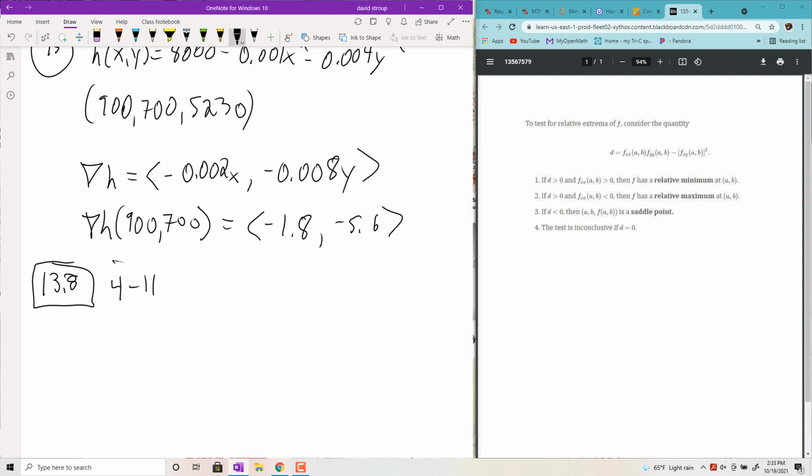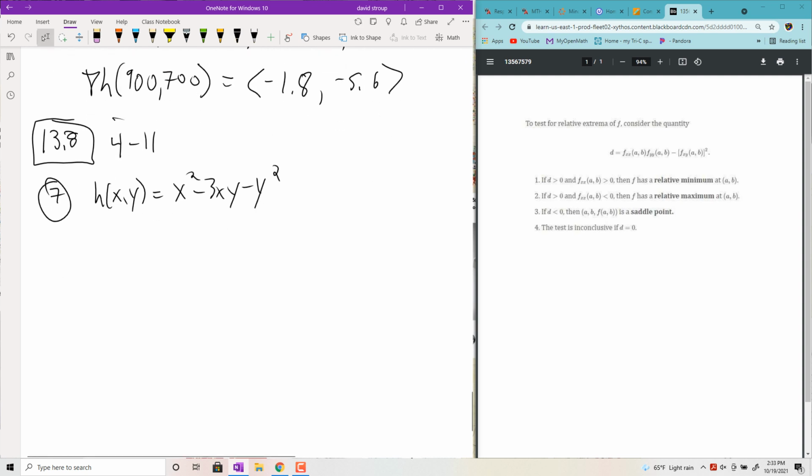In particular, I'm going to look at number 7 in my notes: h of xy equals x squared minus 3xy minus y squared. I want to find if there's any max, mins, or saddle points. So you need critical numbers, but you also need all of these partial derivatives.